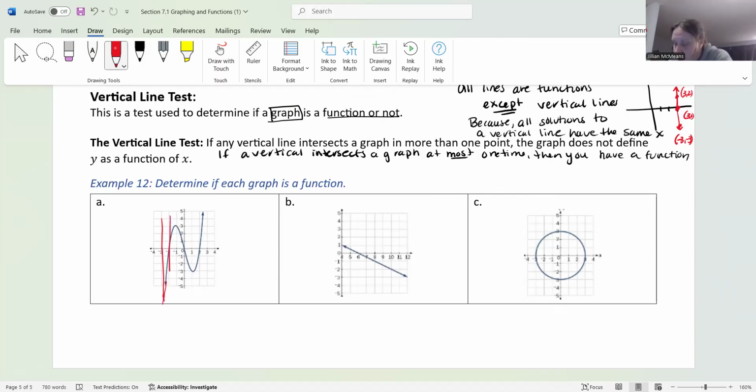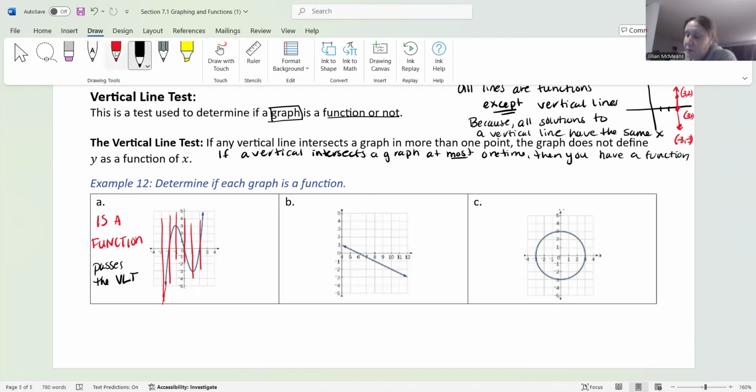This vertical line crosses the graph only once, only once, only once. At no point would a vertical line ever cross this graph more than once. So we would say that this is a function. This one passes the vertical line test. I will generally use VLT to represent vertical line test.